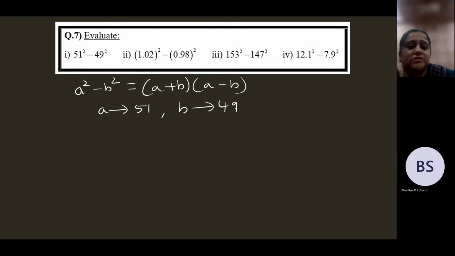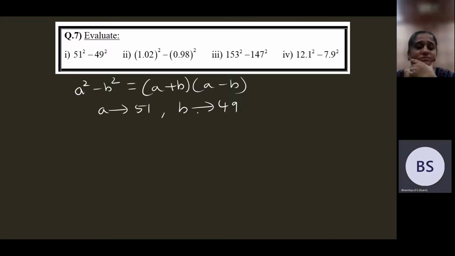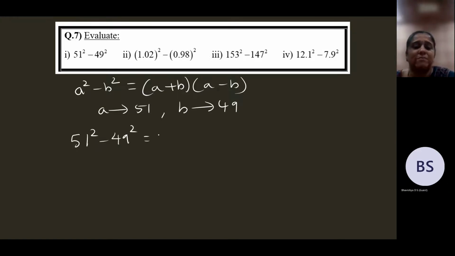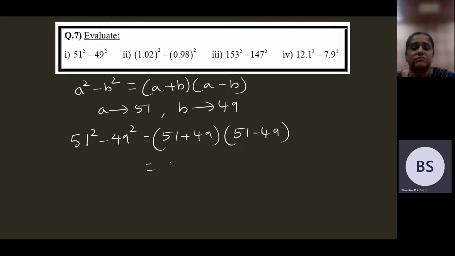Don't write, I'll show you the answer slide. Are you clear with A 51 and B 49? Yes, ma'am. Now what is A square minus B square? 51 square minus 49 square. A plus B, 51 plus 49, into A minus B, 51 minus 49. So what is 51 plus 49? 100, ma'am.